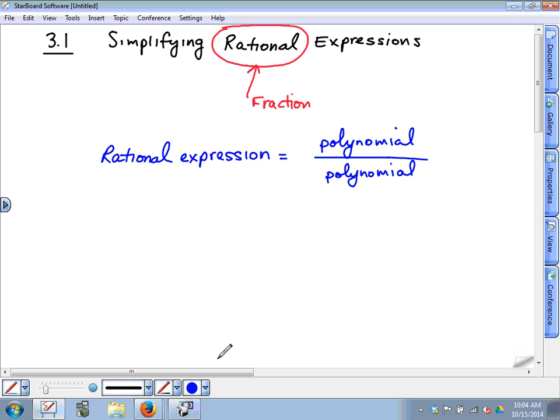So it's still in the form of a fraction, but it's not just a number divided by a number. It's an expression divided by an expression. Like this one here, x squared plus 2x divided by x minus 4. That's a rational expression. Okay? And we're going to learn how to simplify those, and it's really easy.